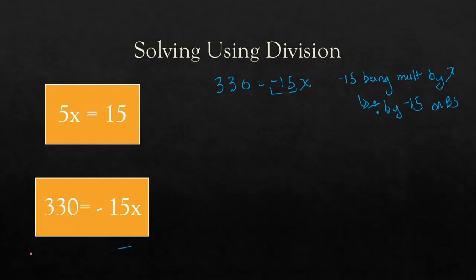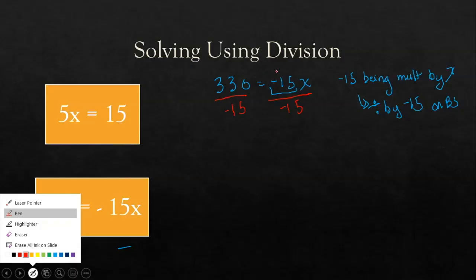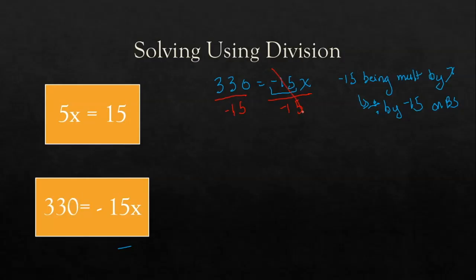I'm going to divide by -15 here, and divide by -15 there. Switch back. Okay, and then this goes away, right? It becomes a 1. That's the whole reason we did it, was to get rid of it because it was attached to my x and I don't want that.